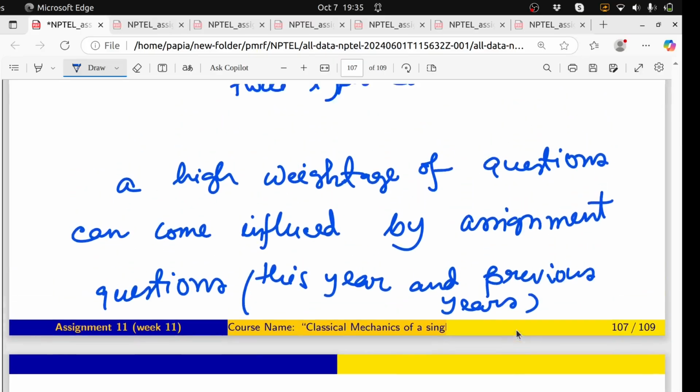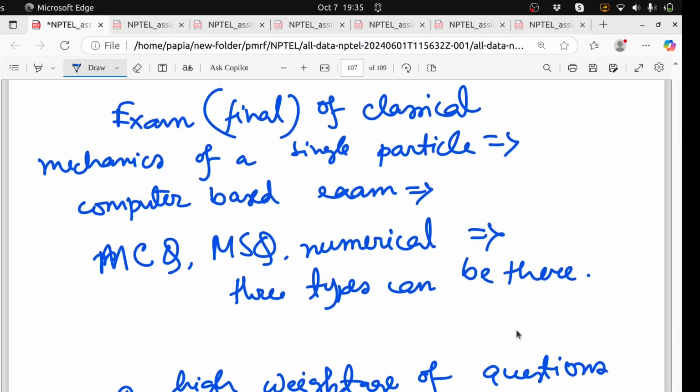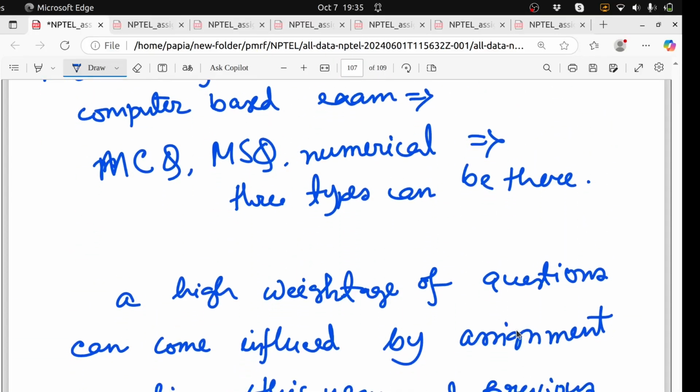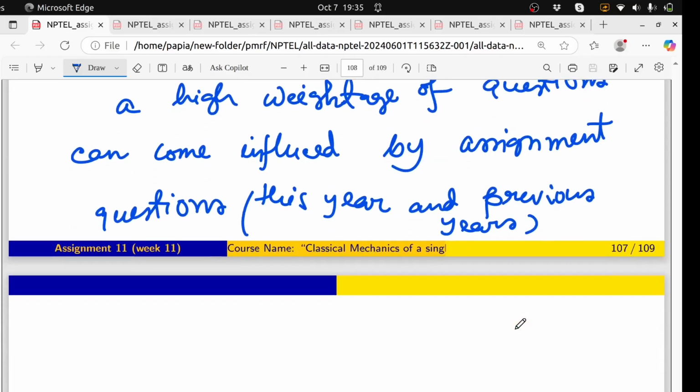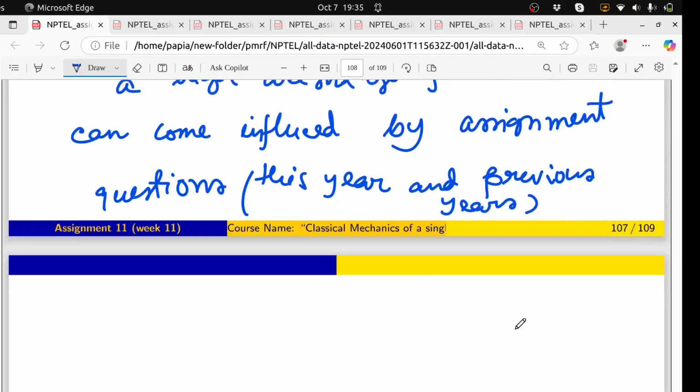Basically whatever assignments you have already done till now, as well as in week 12 also. So this year and the previous year questions that I was explaining, based on these questions, a high amount of questions will come in the final exam.